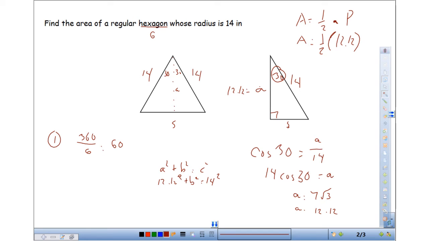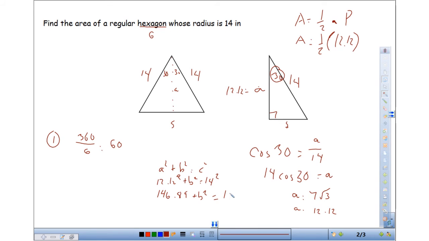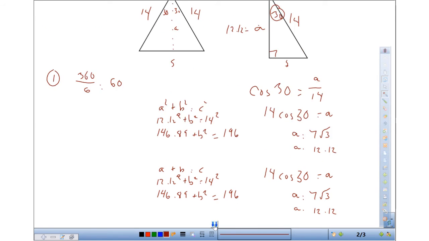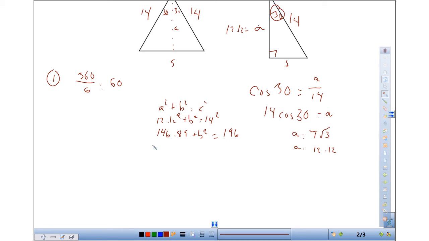Okay, so 12.12 squared is 146.89 plus b squared is equal to 14 squared, which is 196. Scroll down just a little bit. I'm going to subtract 146.89 from both sides.